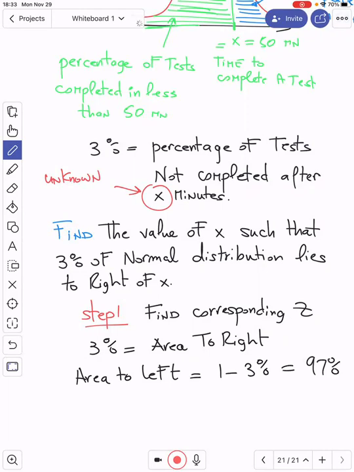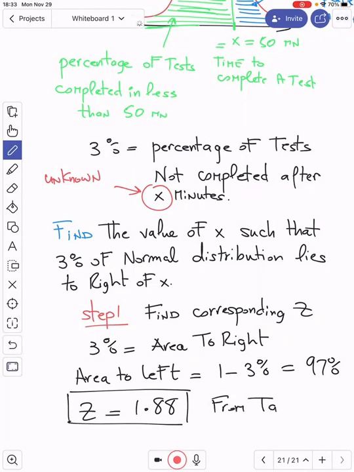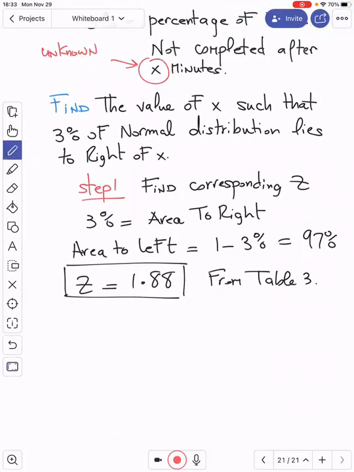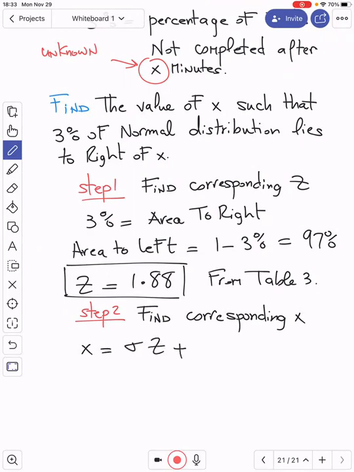And so we said the corresponding z is 1.88, from table number 3. Next step, we need to find the corresponding x. We said x is sigma times z plus mu.